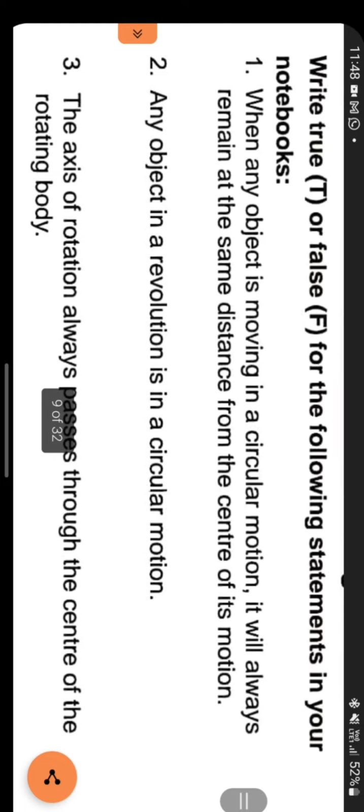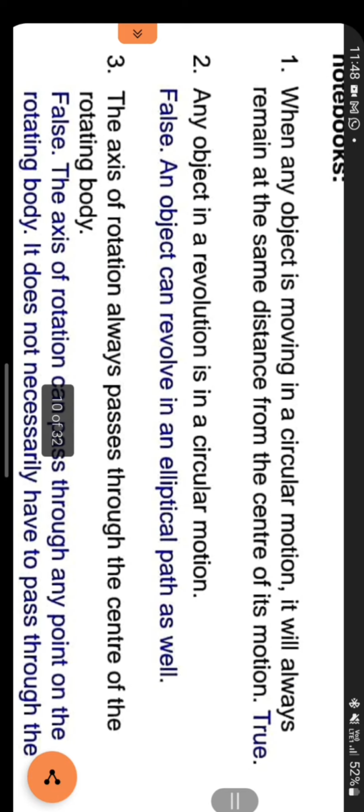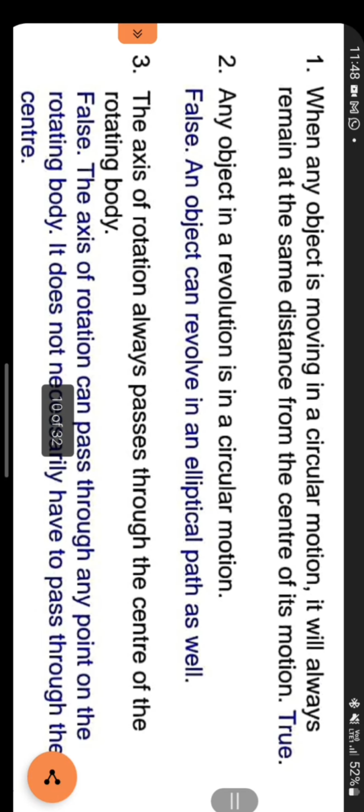So let's check the answer. And question 3: the axis of rotation always passes through the center of the rotating body. This is also false. Let's check the answers. The first one I said is true. The second one I said is false, because an object can revolve in an elliptical path as well, not only circular.